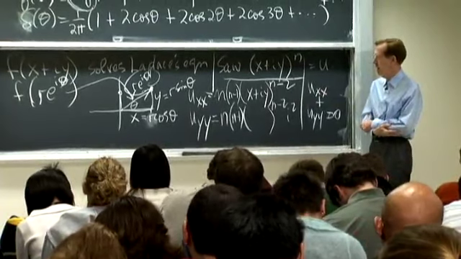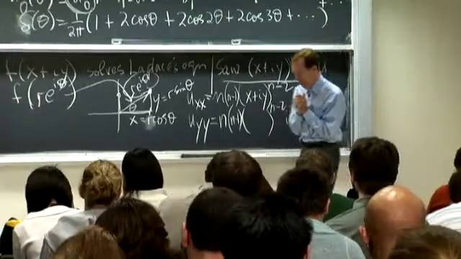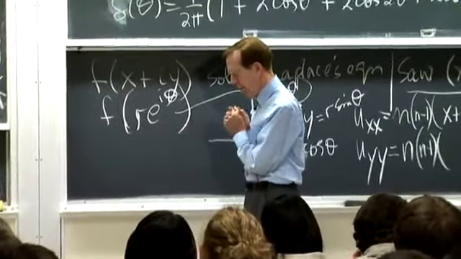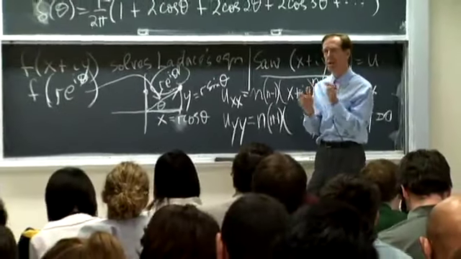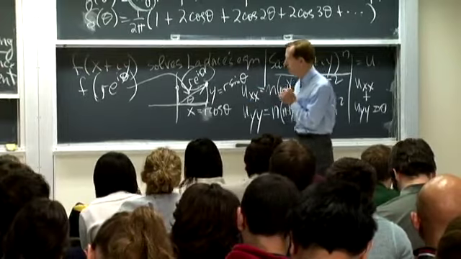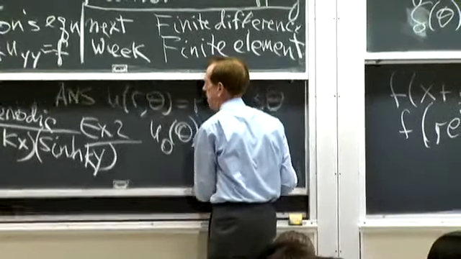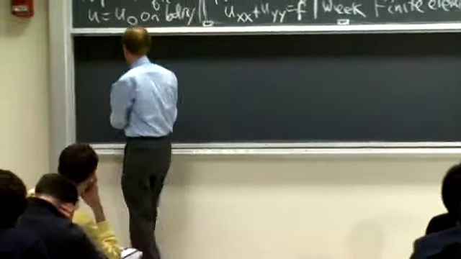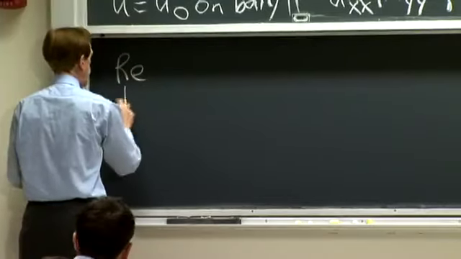Now, what was I aiming to do? Give a particular function f, or maybe a couple of choices, a couple of functions f, and see that their real parts and their imaginary parts solve Laplace's equation. What shall I do? Let me take first one that works completely. Take the real part and the imaginary part.